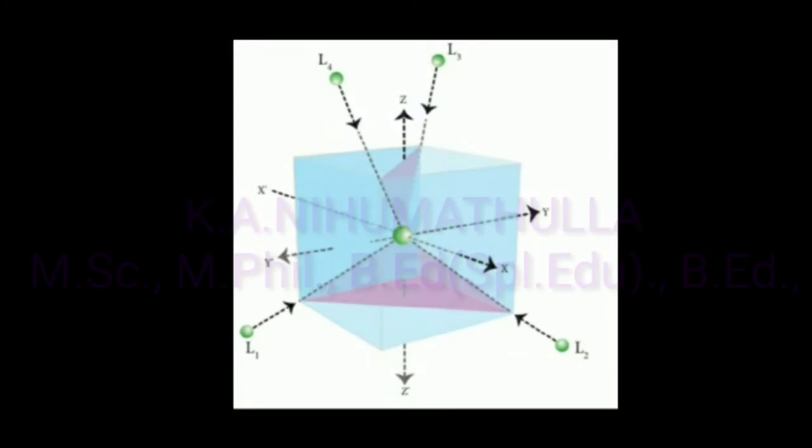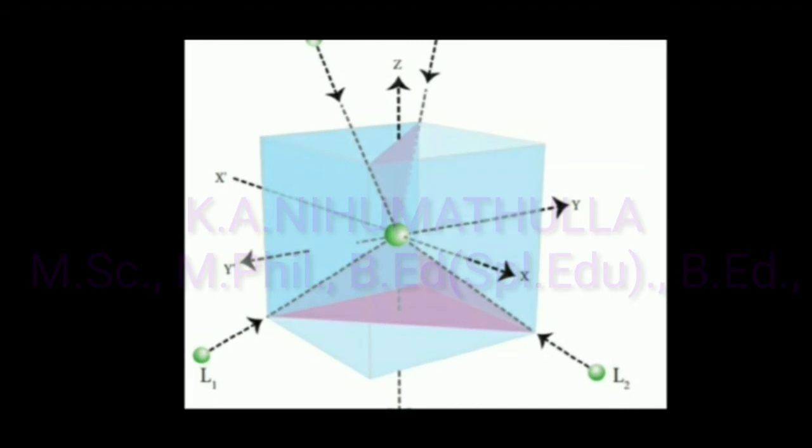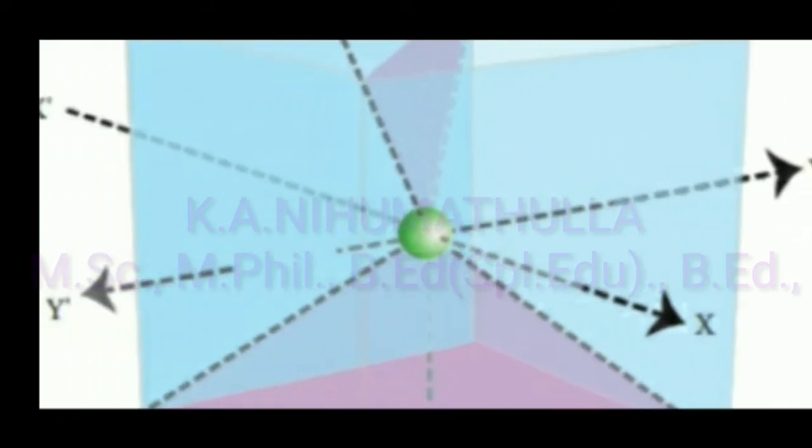Crystal field splitting in tetrahedral complexes. The four ligands L1, L2, L3 and L4 approach the central metal ion from which place? From only the diagonals of the tetrahedron structure. The center part is occupied by the central metal ion.